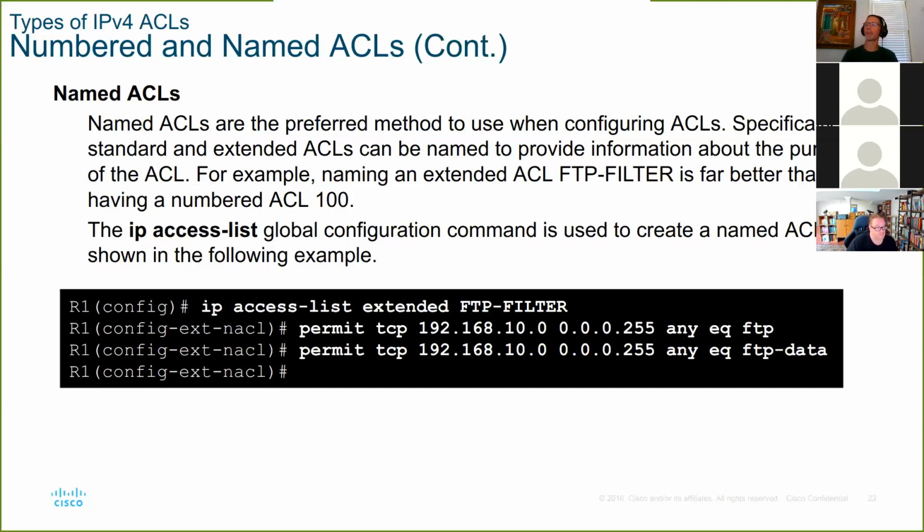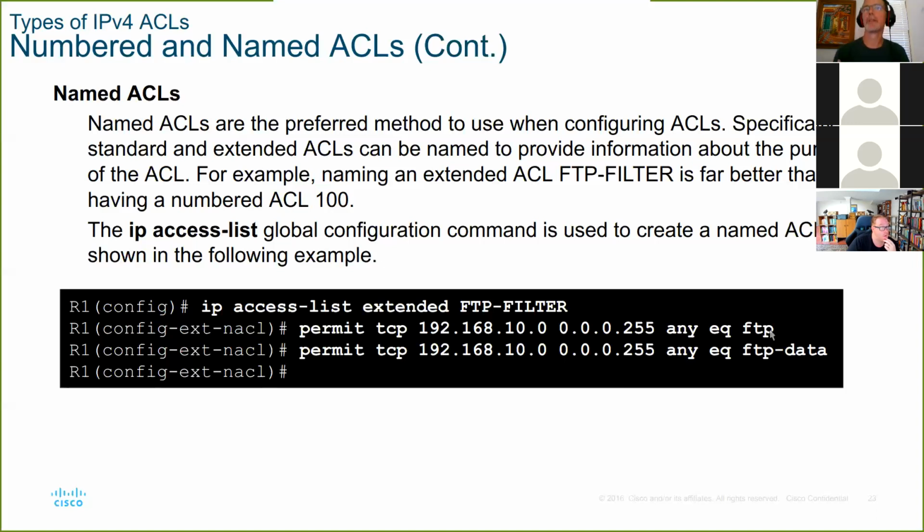SCP is secure copy. And what that does is it runs a CP, a copy command over an SSH tunnel. SFTP is secure FTP, and it's the same thing. It pushes the FTP protocol over an SSH tunnel. So as long as port 22 is allowed, right, I could replace this FTP with 22.